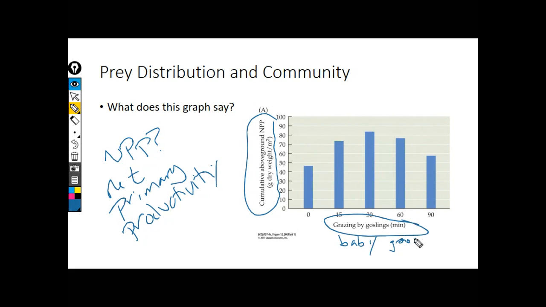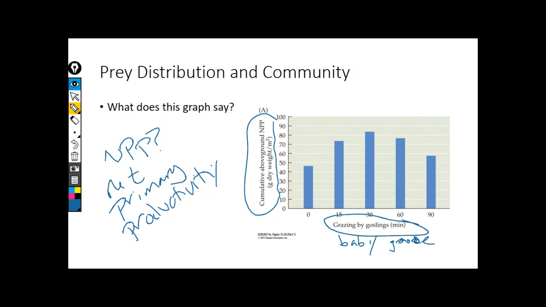We all know that geese are inherently evil. If you've ever been chased by one, you do know this is true. Okay? So inherently evil baby geese are eating. This is the amount of time they're spending eating. We're looking at the response of some plants to how long they're spending, right, on their wicked ways.